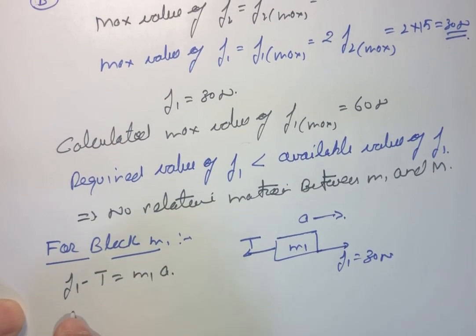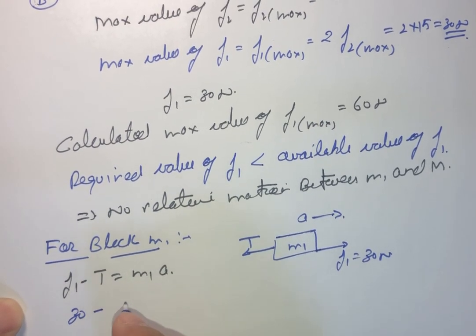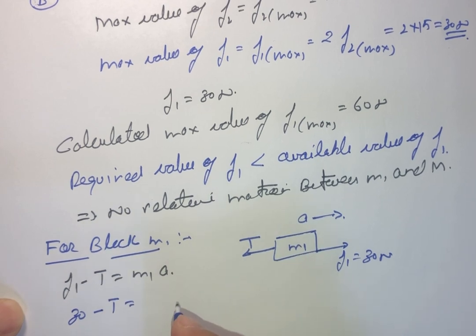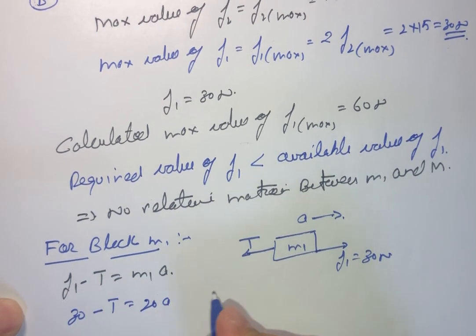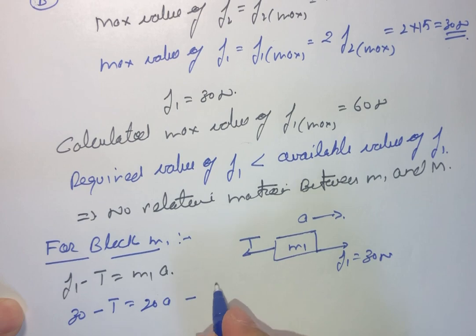F1 is 30 minus T, and M1 was our 20 kg, so this will be 20 A. Let this be equation number 4.